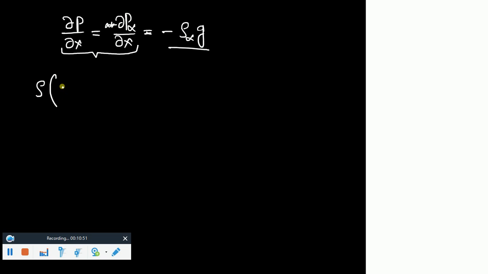So let me write down the Navier-Stokes equation again: u partial u by partial x plus v partial u by partial y, and now this thing would be minus p infinity g, because partial p by partial x has come to this point. Yes, it should be plus, because this would be minus minus, so it would become plus. Finally you would get rho infinity minus rho, into g.